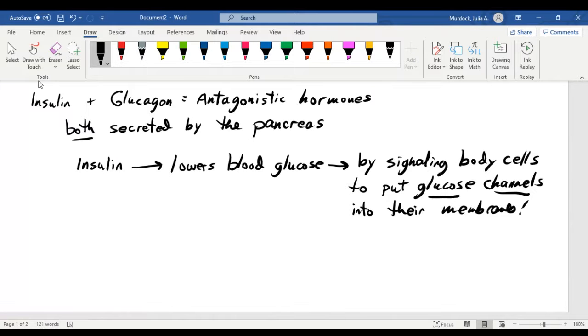Okay, what this means is the glucose that builds up in your blood after you've eaten all of those chocolate donuts, glucose leaves your blood and enters your cells.